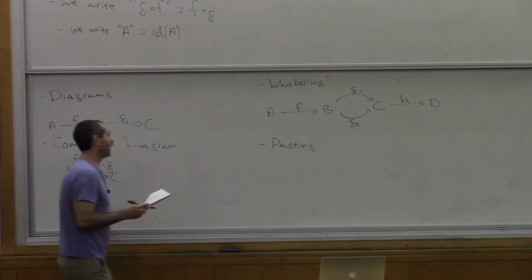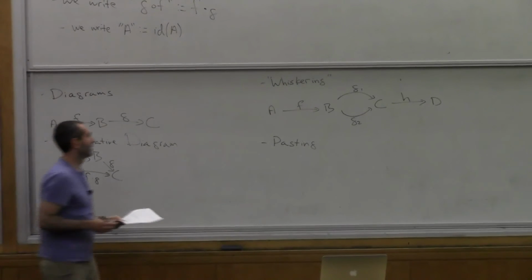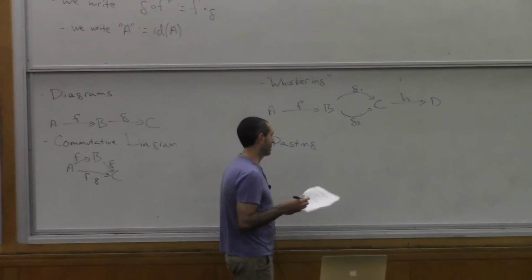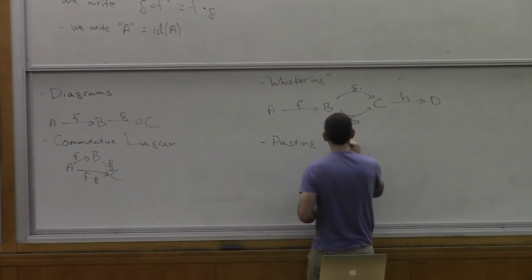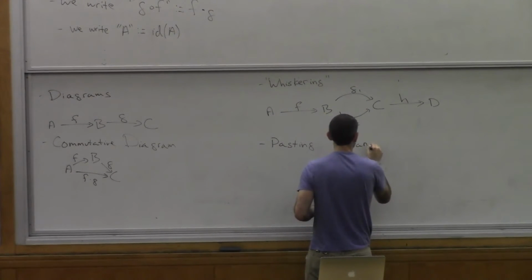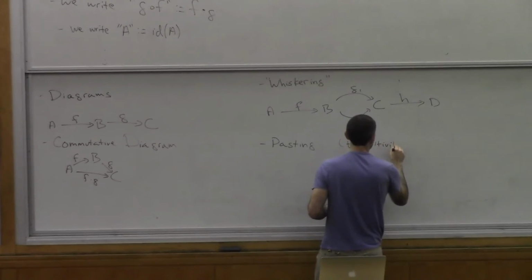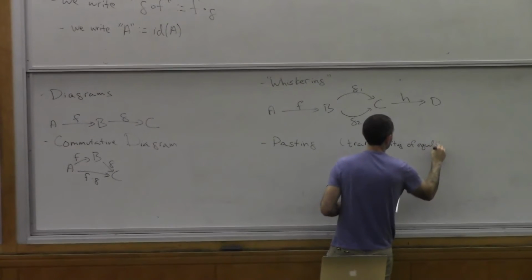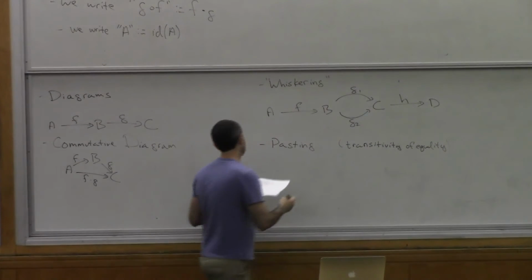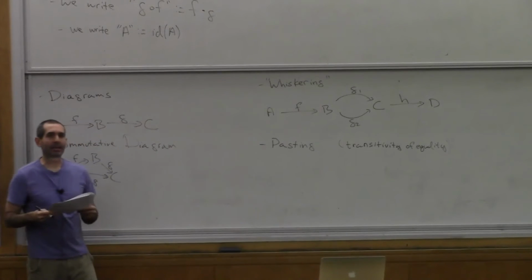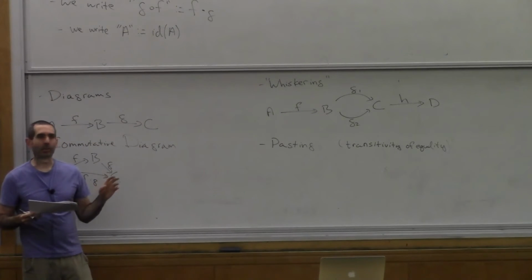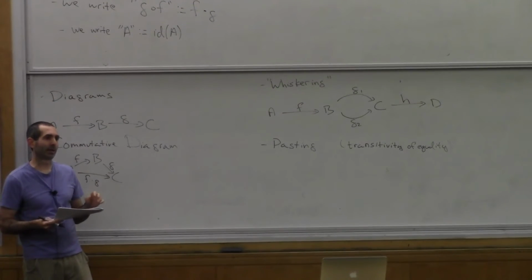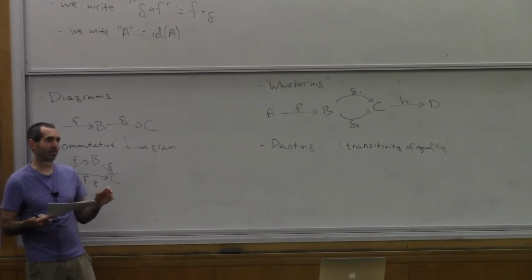So the idea behind pasting is expressing the fact that morphism equality is transitive. And the idea is that if you have 2 diagrams and they share a common edge, then you can take those diagrams and glue them together along that common edge, and you get a new diagram with new paths that must commute.